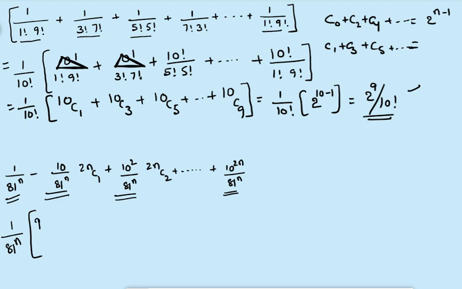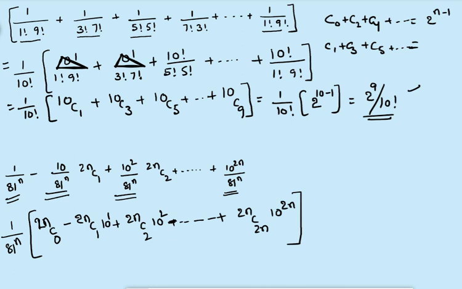Then we will get 1, which can be written as 2n c0 minus 2n c1 into 10 to the power of 1 plus 2n c2 into 10 square plus and so on. Sorry, actually minus you will get, and so on, plus 2n c2n into 10 to the power of 2n.